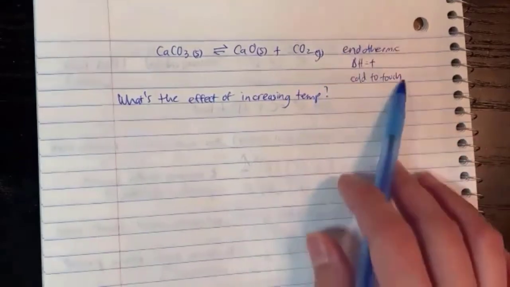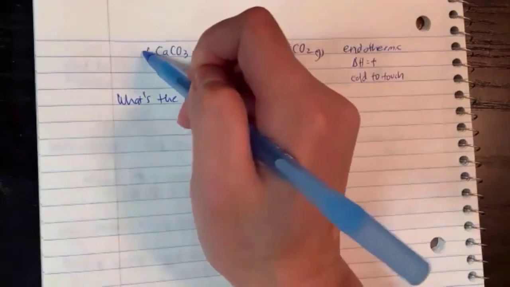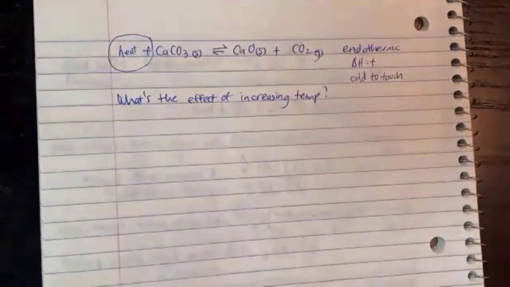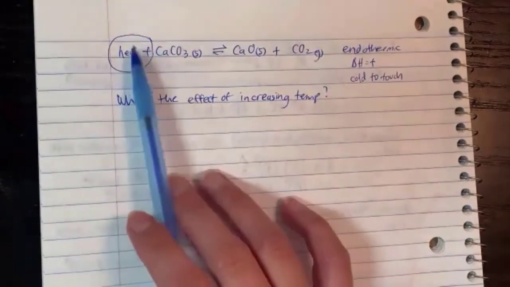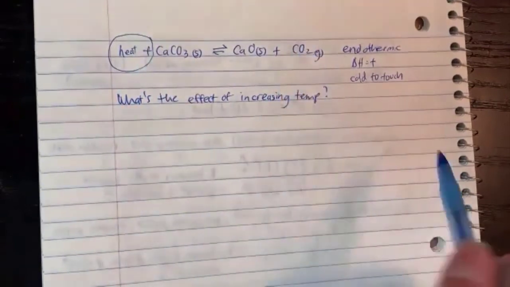These signs tell you that you need heat as a reactant, so you have to write your heat over here. So you add this in. And then you say, well, if you're increasing temperature, you're increasing this guy. So you've got too much reactant, it will shift to the right, agree?